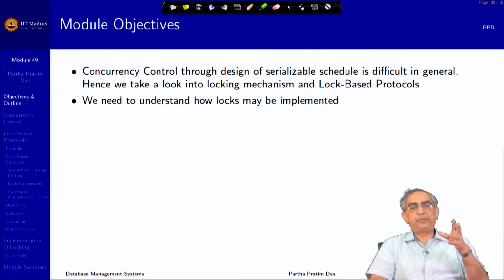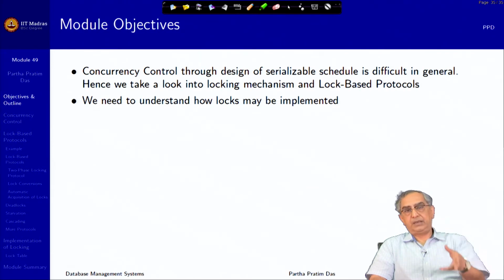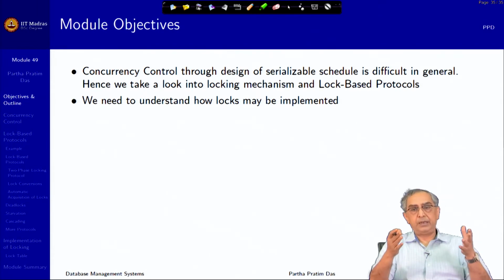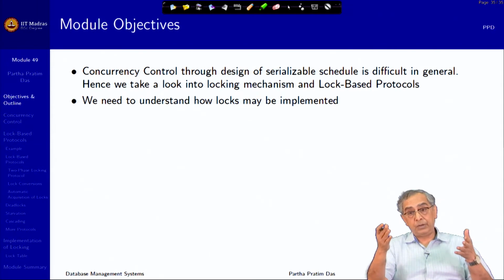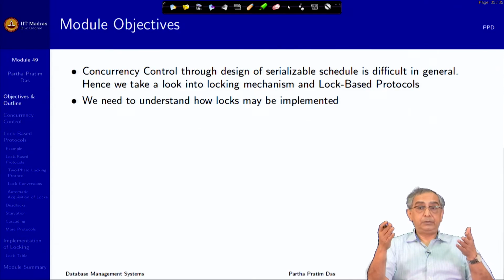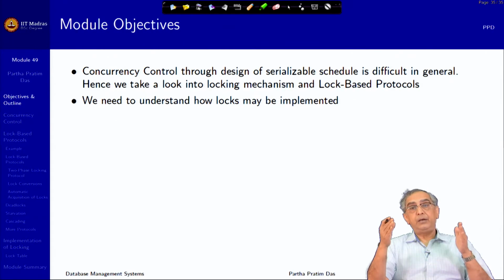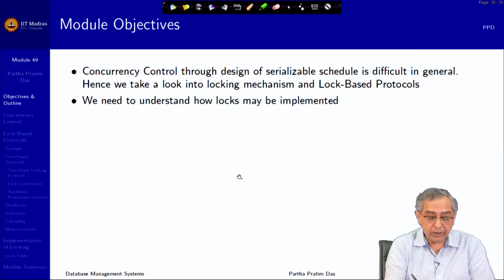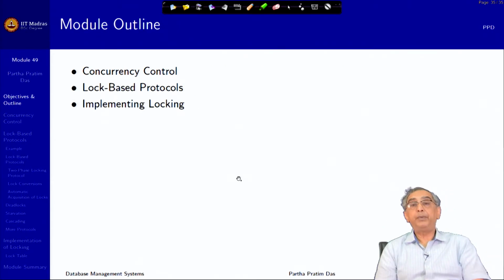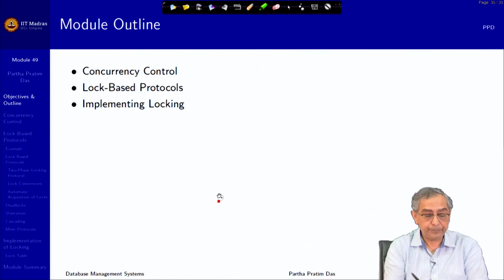You cannot just predict beforehand that this is the schedule which is best, but can we make it so that the schedule as it goes would be able to take concurrency as and when it comes, while maintaining all the ACID properties and also ensuring a fair amount of recoverability. And that is what leads us to the locking mechanism or the lock based protocols, as we will see.